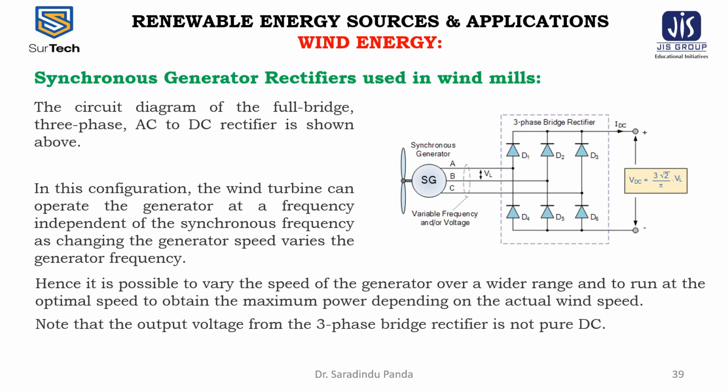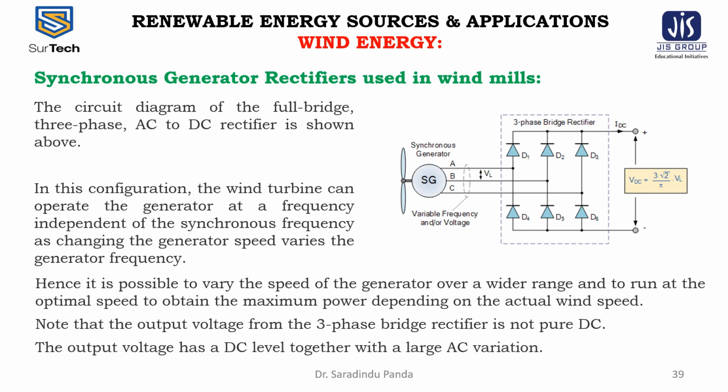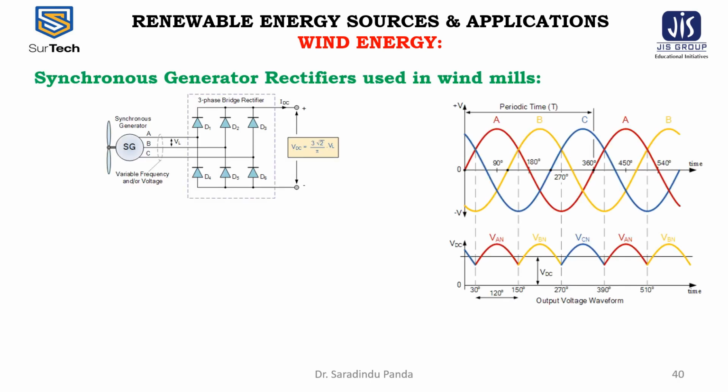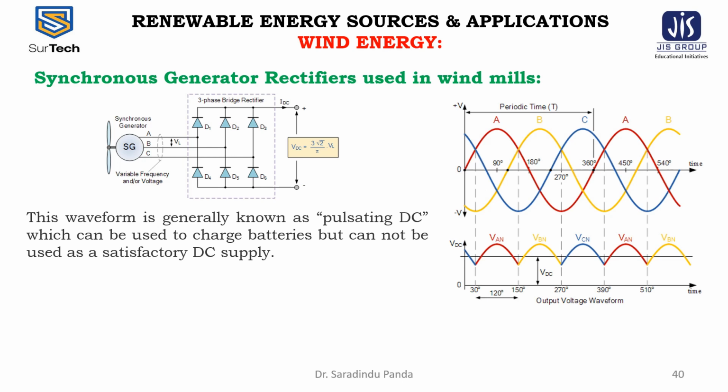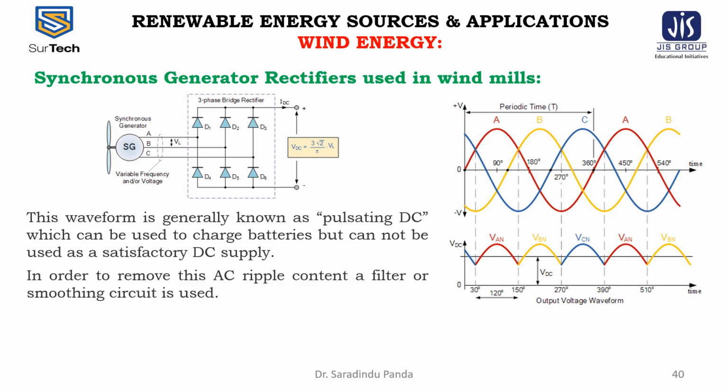Note that the output voltage from the 3-phase bridge rectifier is not pure DC. The output voltage has a DC level together with a large AC component. The waveform is generally known as the pulsating DC. This is the pulsating DC waveform, which can be used to charge the batteries but cannot be used as a satisfactory DC supply.